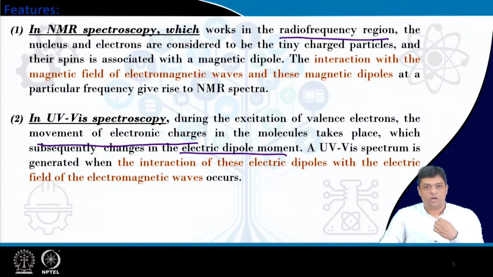So, absorption, excitation, movement, change in the electric dipole moment, and a UV-Vis spectrum is generated when there is an interaction of these electric dipoles with the electric field component of the electromagnetic waves. So, this is the way you should understand the two types of techniques to analyze the spectroscopic data.